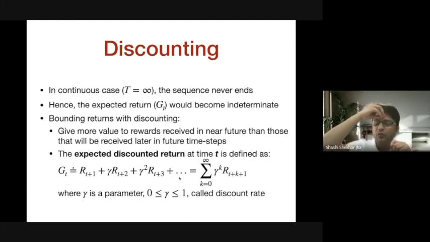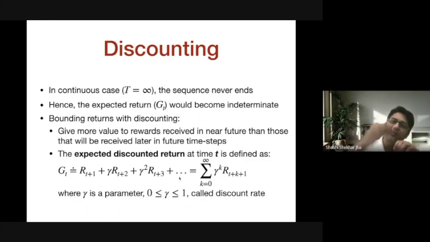That reward will almost be equal to 0. So putting this factor gamma actually bounds my reward. The effect of rewards that appear very late is minimized on my current return value, this G of t value for a particular state.